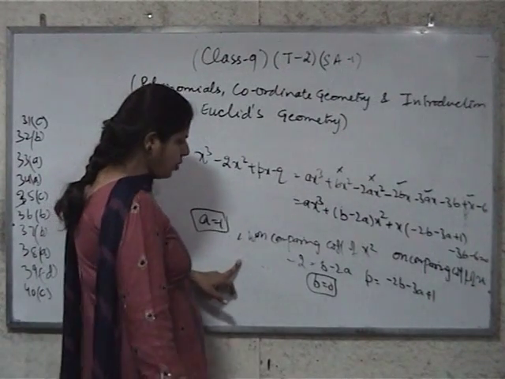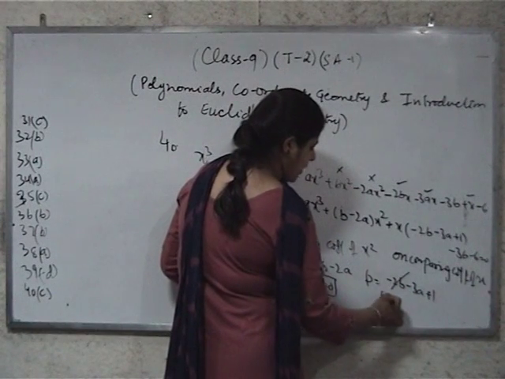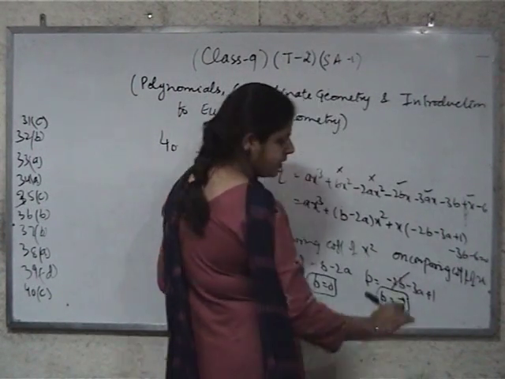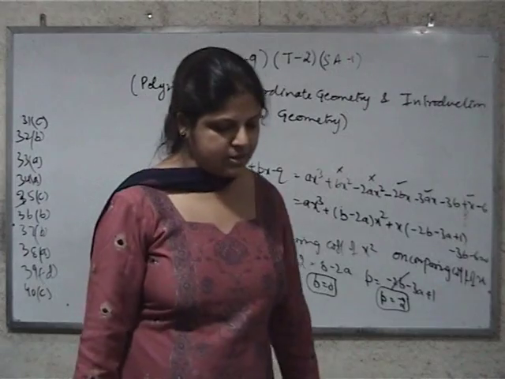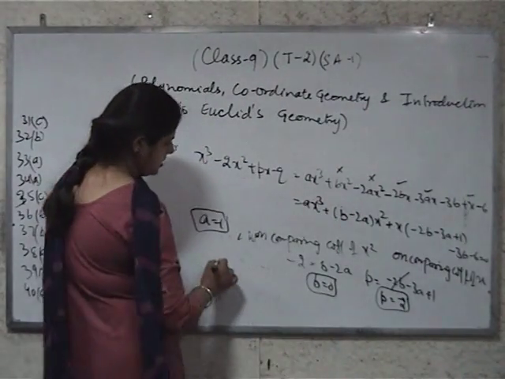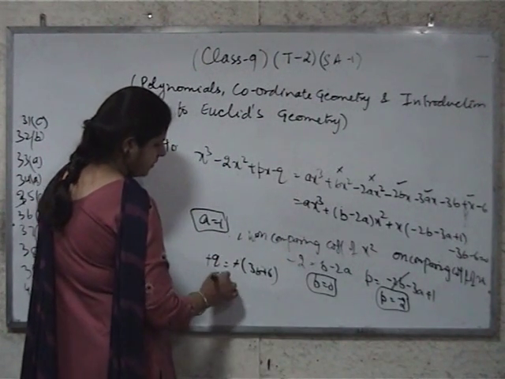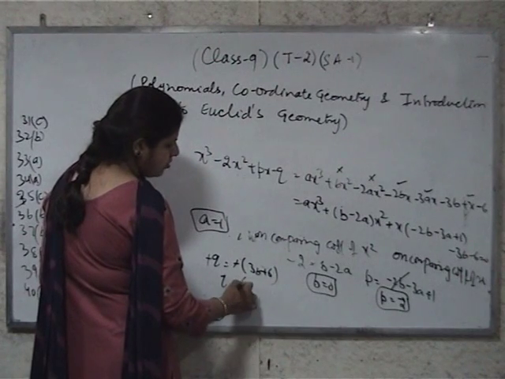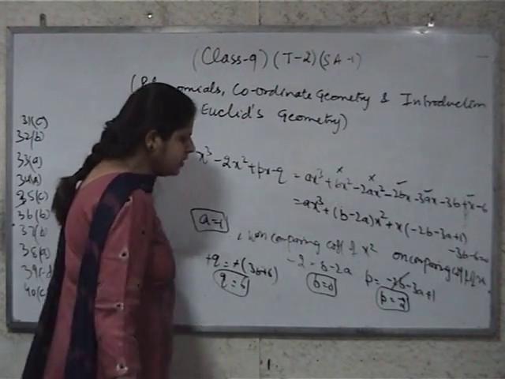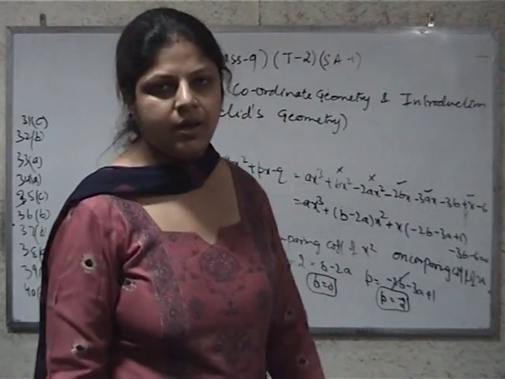Now a is 1, b is 0, so the value of p comes out to be minus 2. Similarly, on comparing the constants, minus q equals minus 3b minus 6. b is 0, so the value of q is 6. p is minus 2, q is 6, that is my answer.